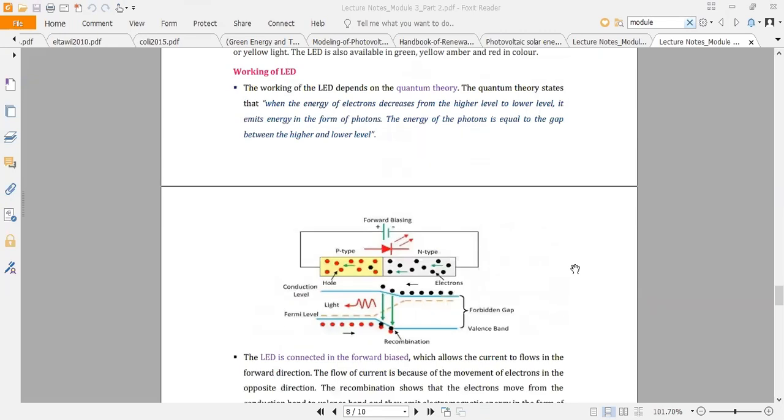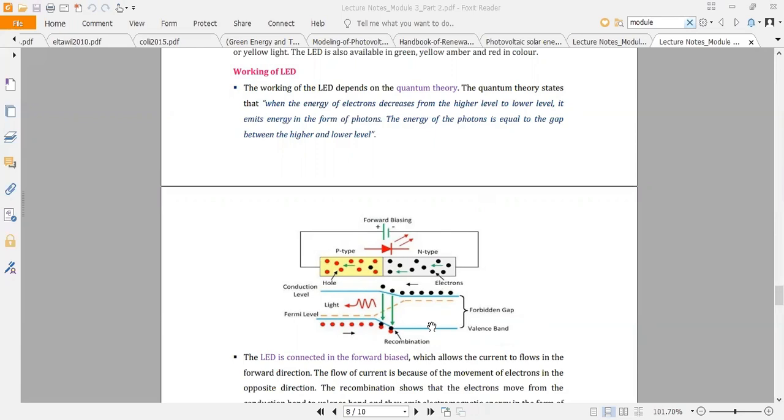This is the working of LED. This working is completely based on the quantum theory that you have learned in physics. There is nothing new. What is this quantum theory? It states that when the energy of an electron decreases from a higher level to a lower level, it emits energy in the form of photons.